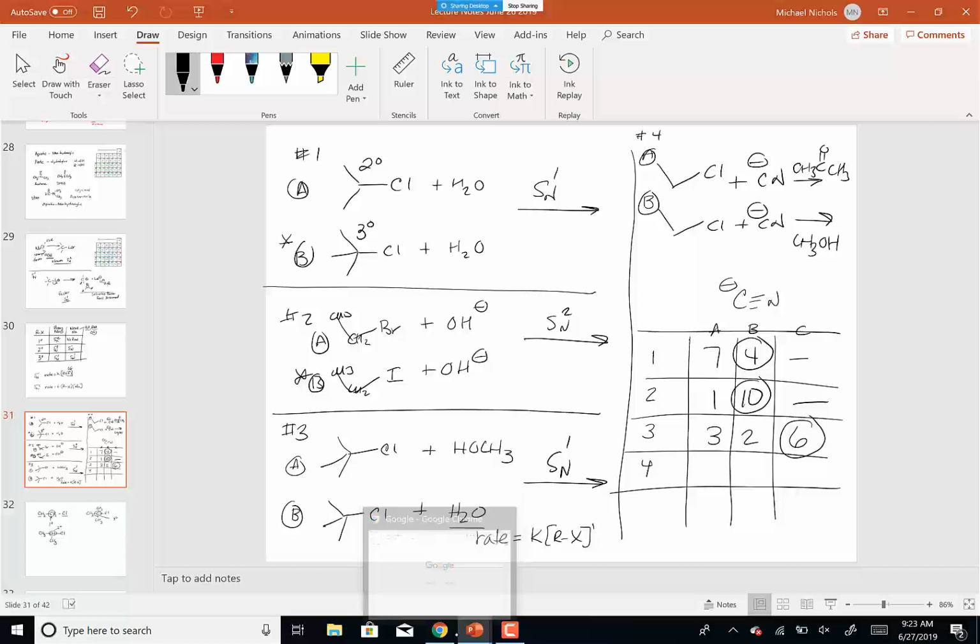That this is a more polar solvent. Now, if you said, I didn't really know we're supposed to take polarity into account, they're both hydroxylic solvents, okay, then you would still have them having the same rate.